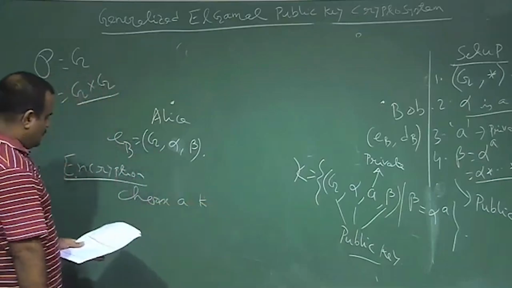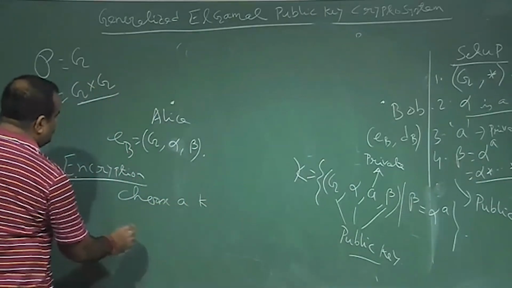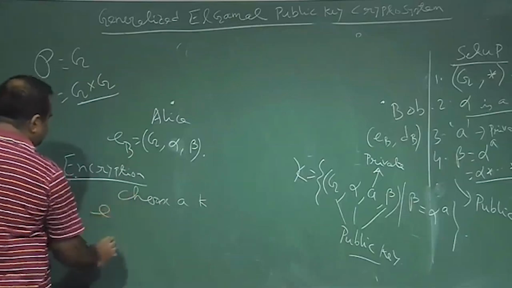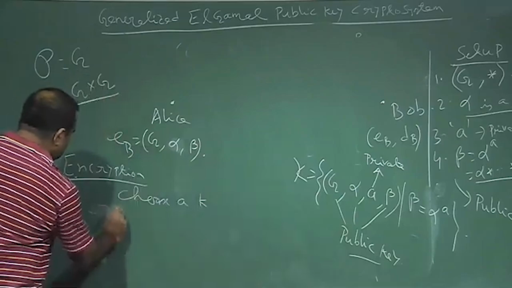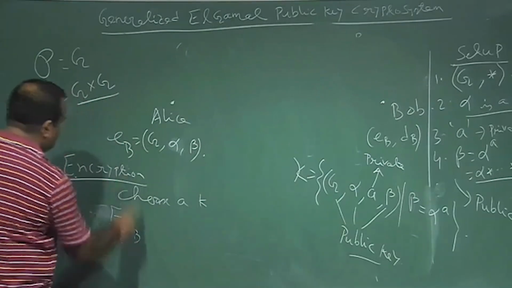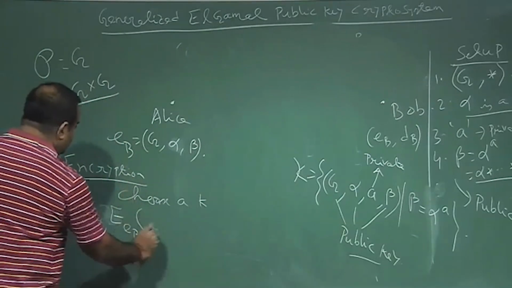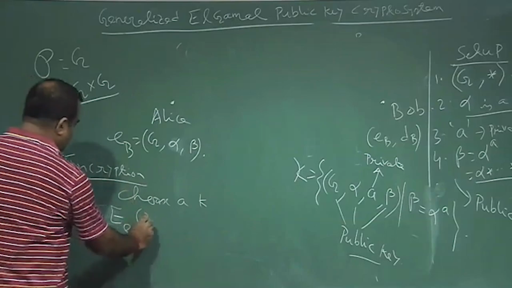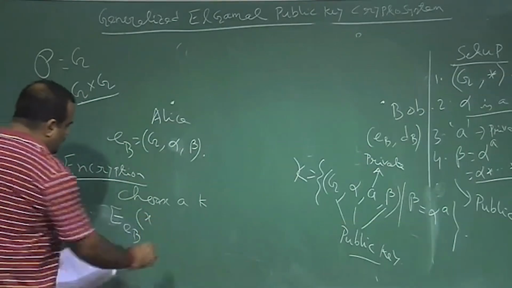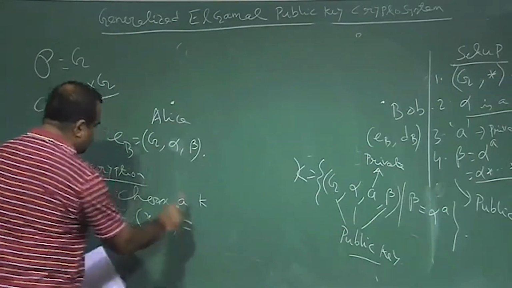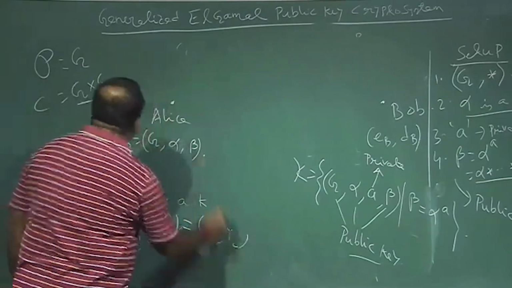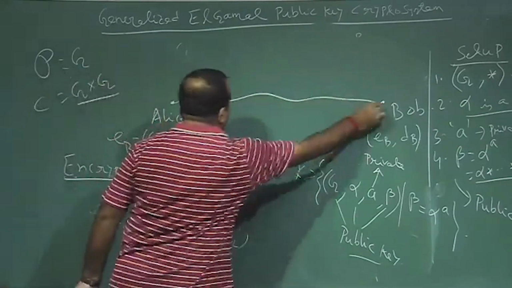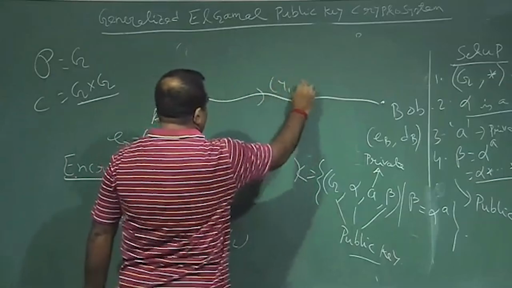Alice chooses k, and then Alice is encrypting the message using Bob's public key, along with this random number k. This gives y1 and y2, and we send this y1 y2.